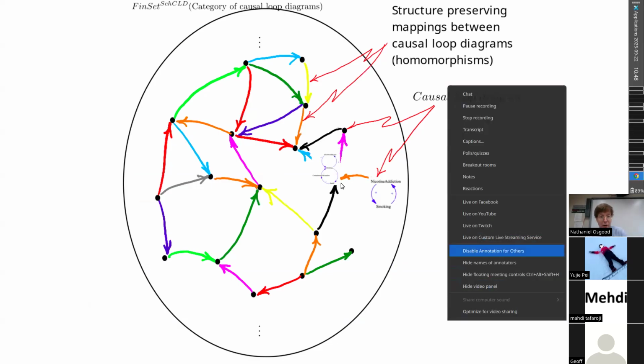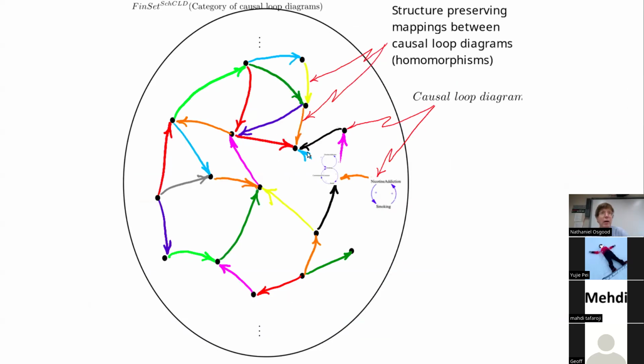We can have a category of causal loop diagrams, where the morphisms are structure preserving mappings between them. For example, they may map multiple vertices onto one vertex. So a given map from one causal loop diagram to another might map several vertices into one, or maybe it embeds one inside another diagram.